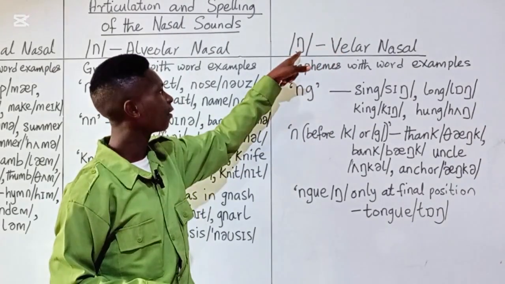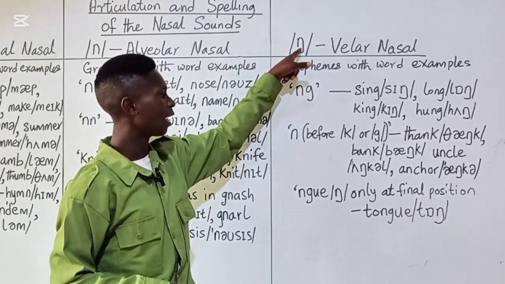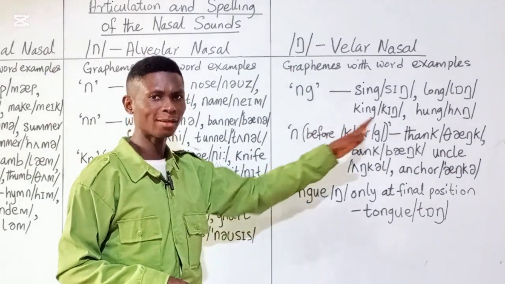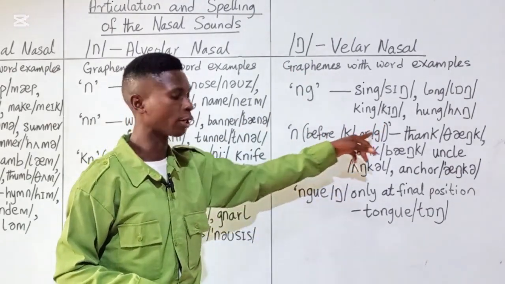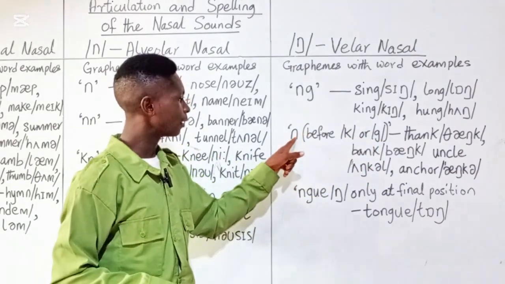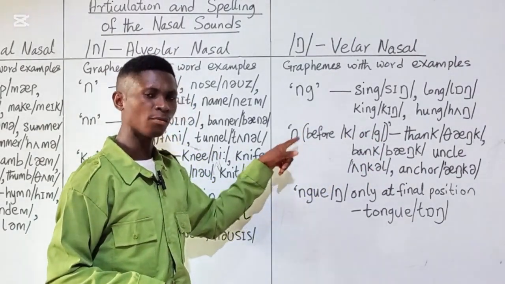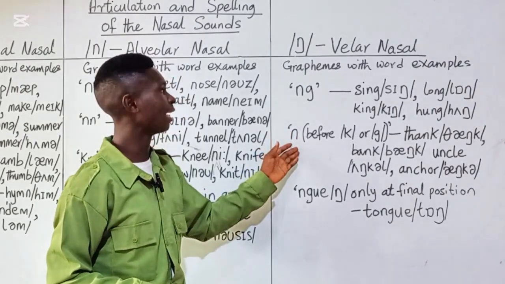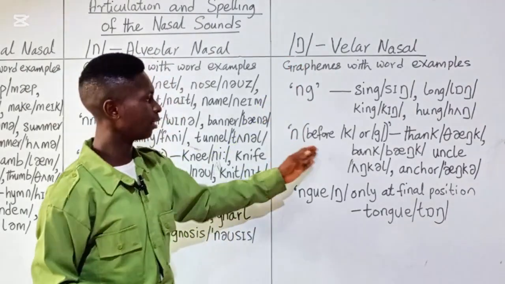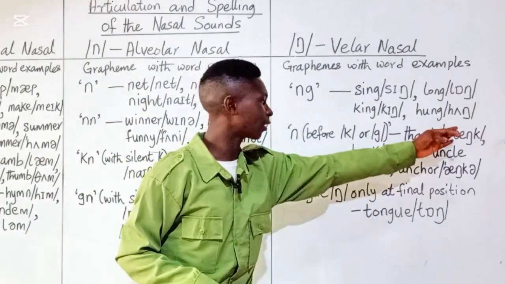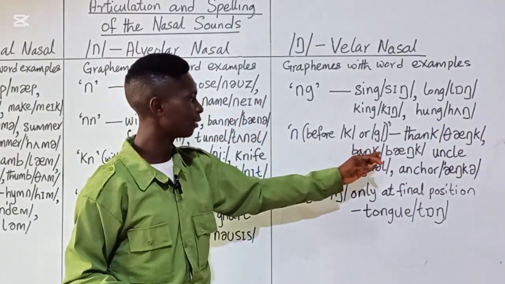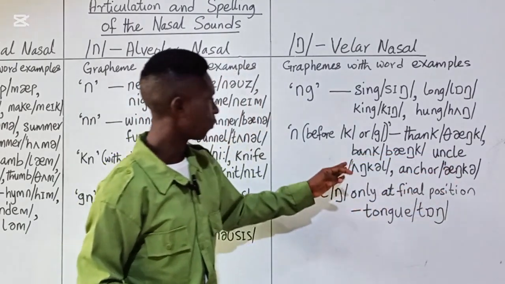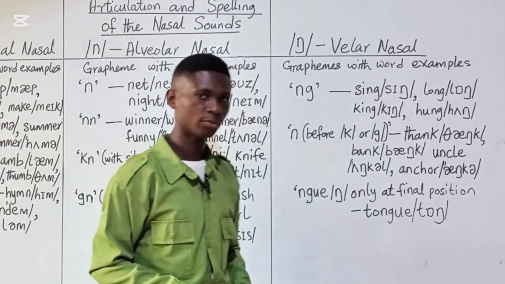So if you have letter N before any velar sound like K or G, the letter N will not be realized as N, rather it will be realized as the velar nasal, as in thank, bank, uncle, ankle.